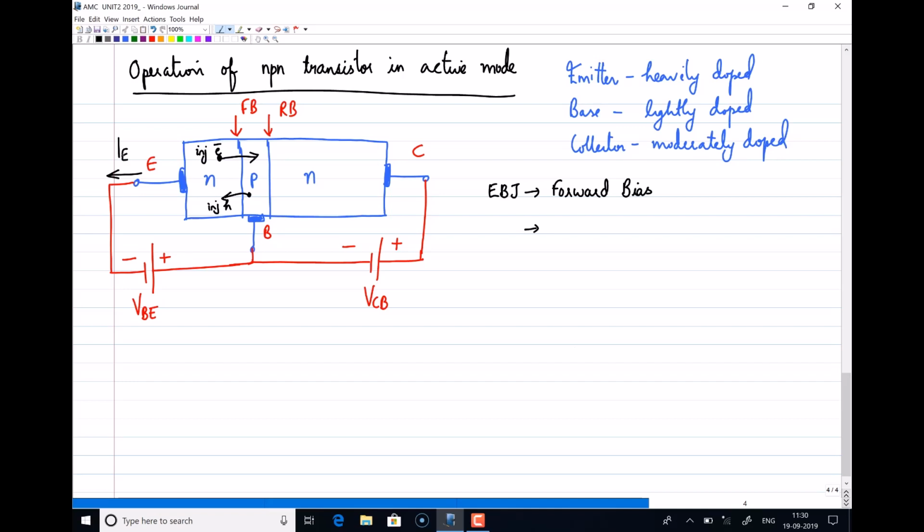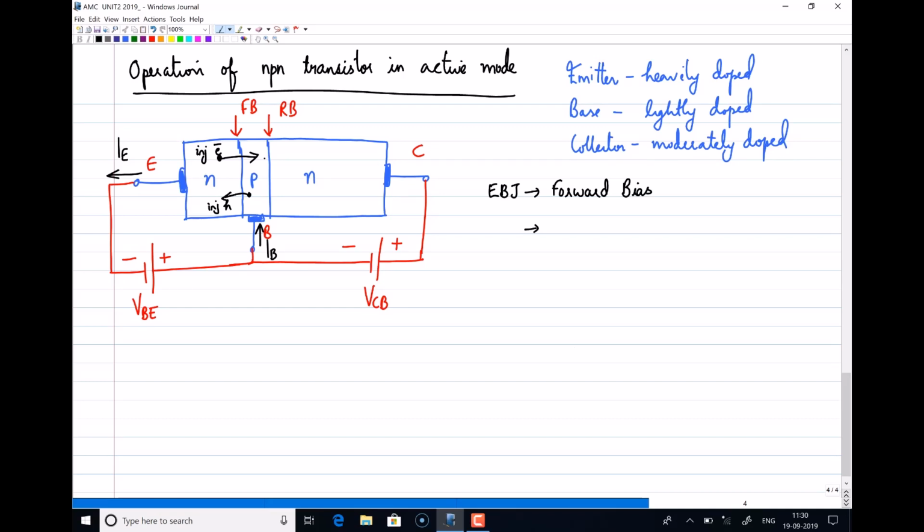So I'll mark the emitter current outside like this, and I'll mark this as IE. Now for the base current, from this P region holes are flowing in this direction, so the current direction should be the same as hole flow. So this will be our base current, and finally we'll come to the collector current.